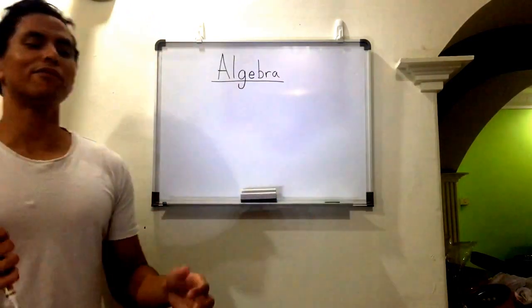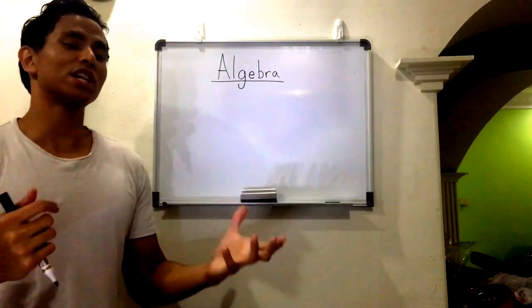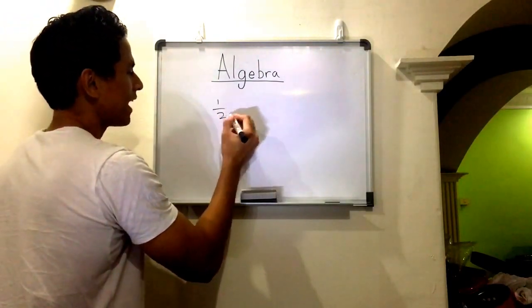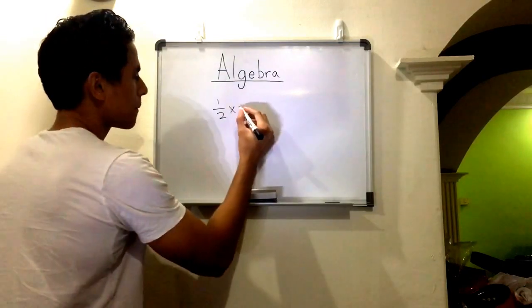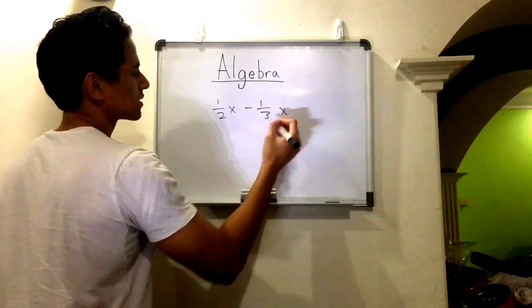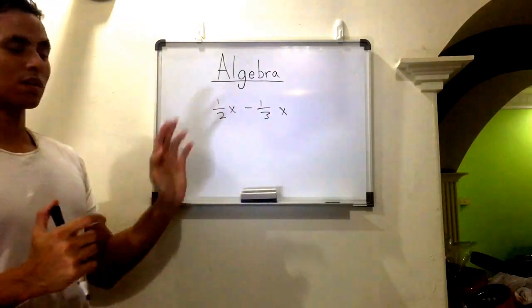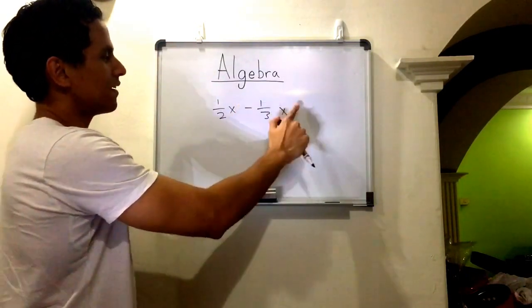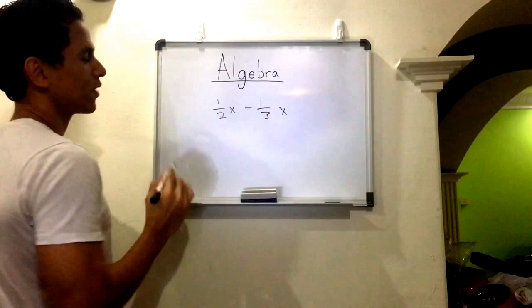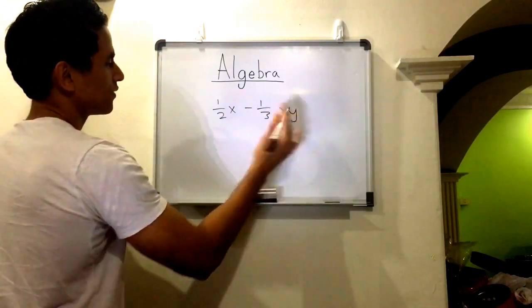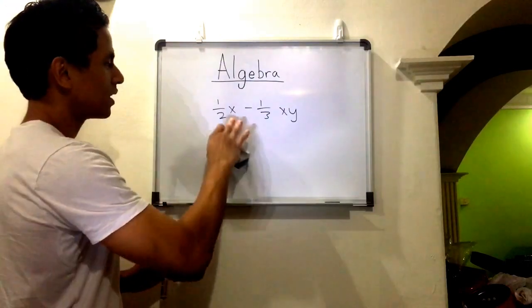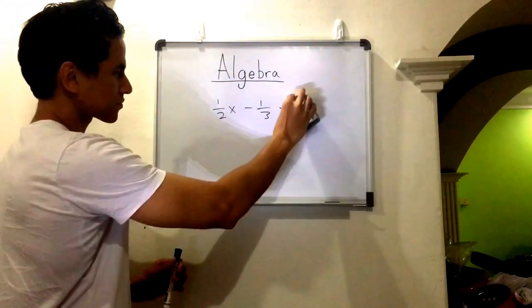Next, let's say we have algebra in the fraction form. What do we do? Okay, so half x minus 1/3 x. Again, we look at the power of the x. x is just x to the power of 1. If this was x and this was xy, we'd have a problem. But in this case, it's simple because both are just x.